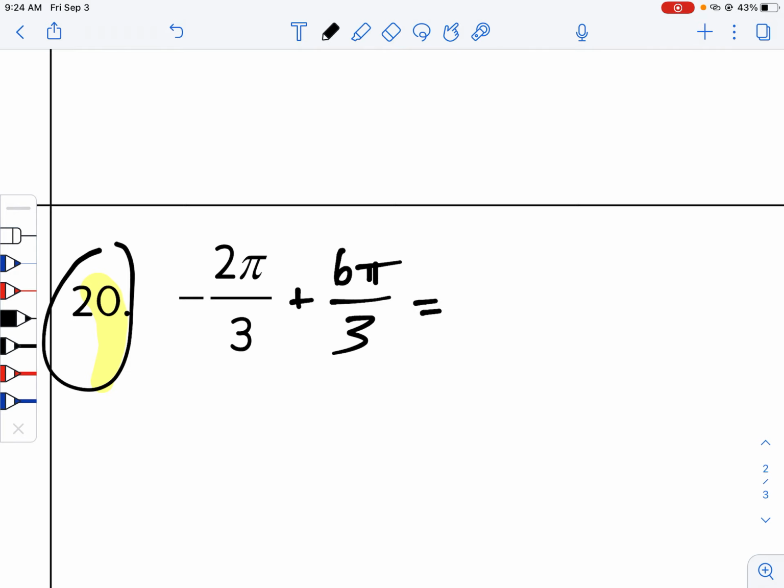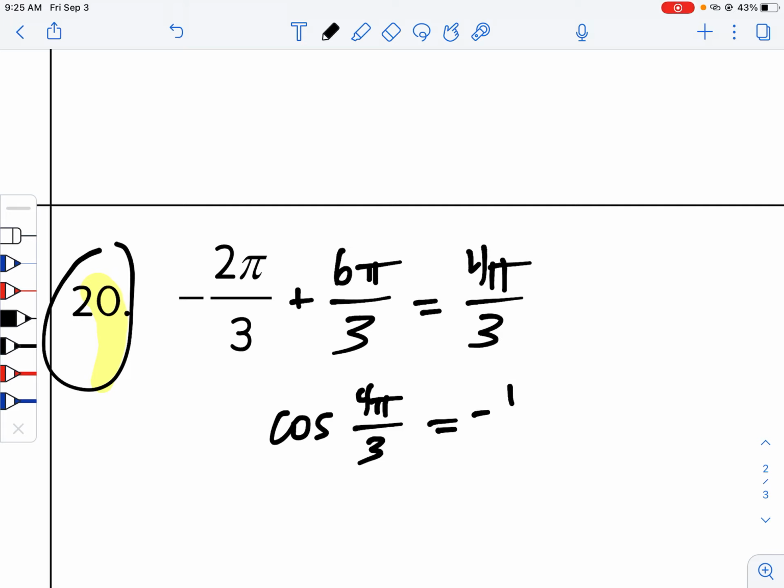So that ends up letting me know that I have 4 pi over 3. So I find 4 pi over 3 on my unit circle, and the cosine of that angle is whatever the x value is at 4 pi over 3, okay? In this particular case, that's going to be negative 1/2, and then the sine value at 4 pi over 3 would be the y value, which is negative root 3 over 2.